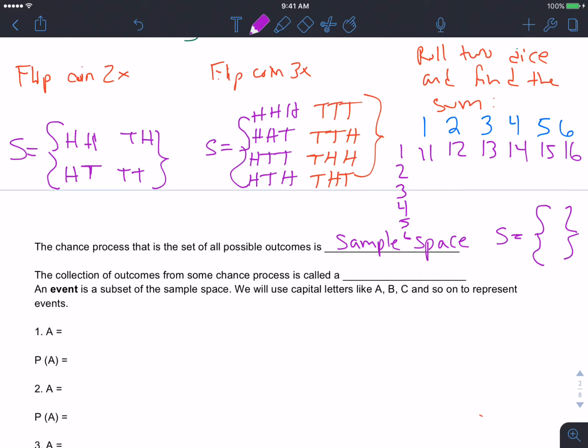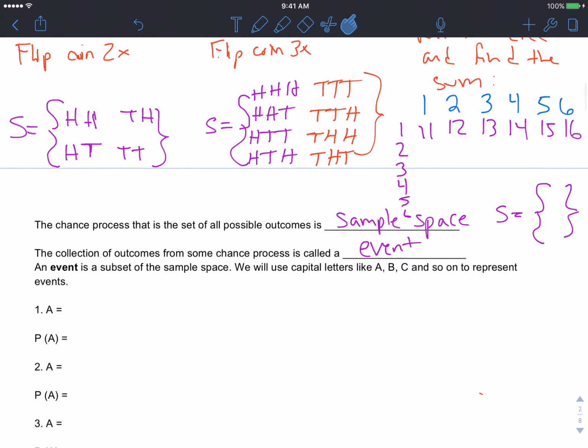The collection of outcomes from some chance process is called an event. An event is a subset of the sample space. And usually we use capital letters to denote that. So for instance, let's call A the event that the sum of 2 dice is 5.